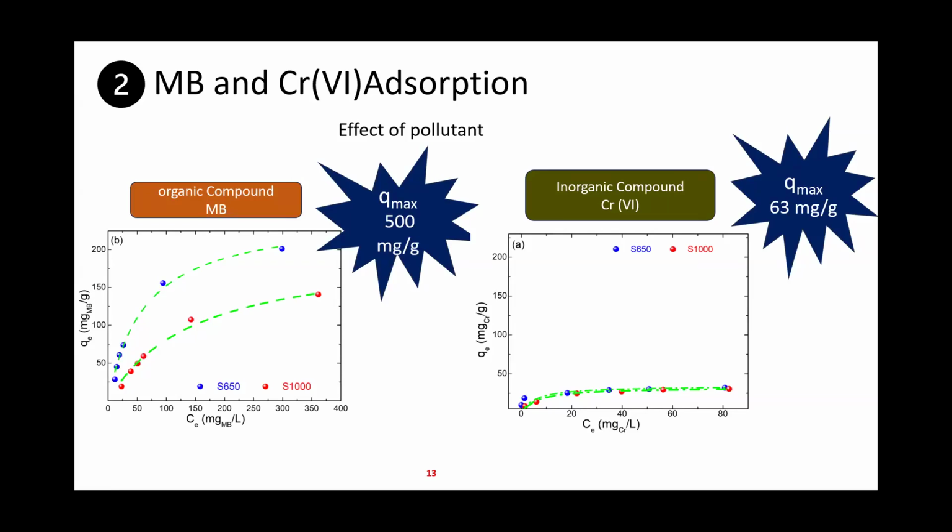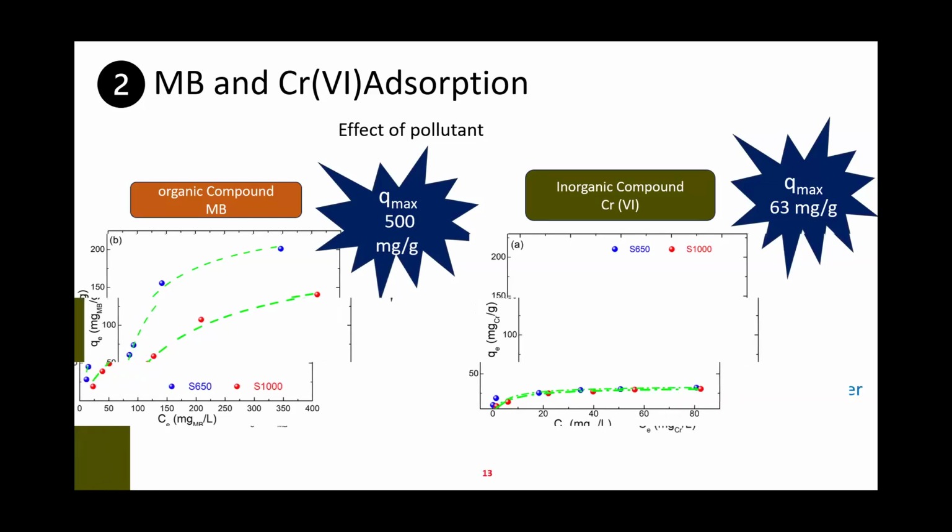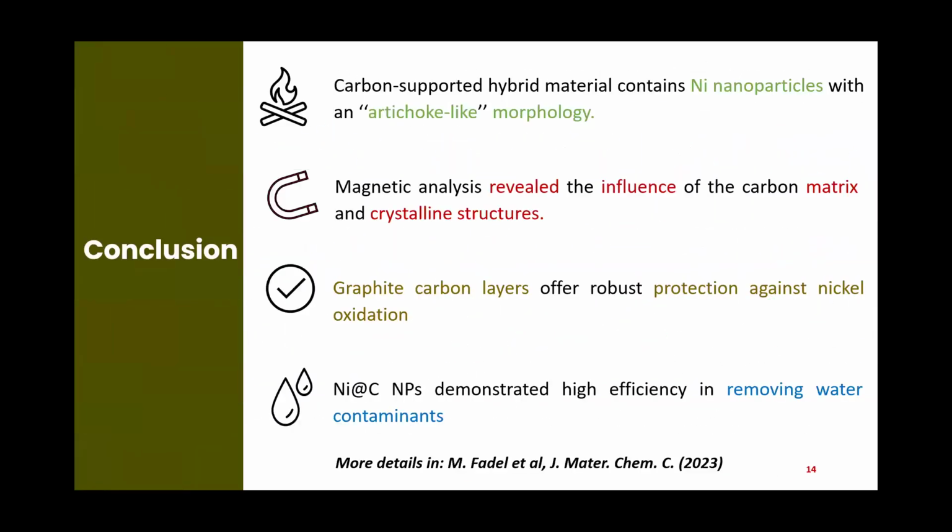So here we have the organic dye, and compared with different literature, we have very good results, and also for inorganic compounds we have very good results compared with the literature.